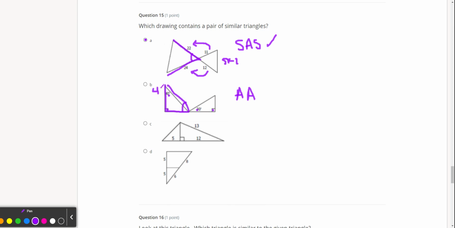If I know this is 40, then this must be 50, right? And if I know this is 30, what's this got to be? 60. So 40 and 50 and 30 and 60, are they the same? So this one's got to be not similar.